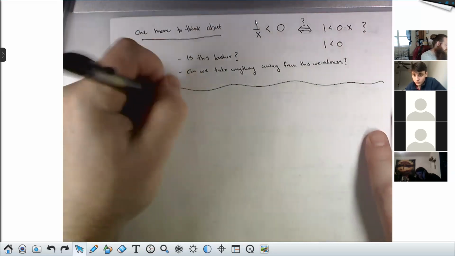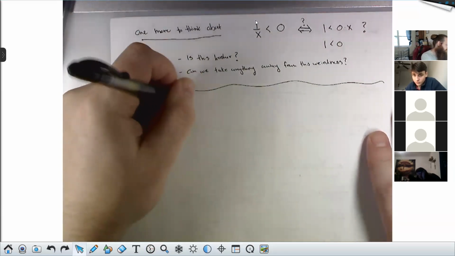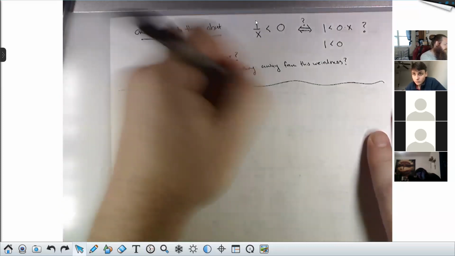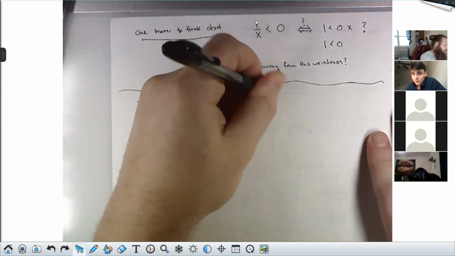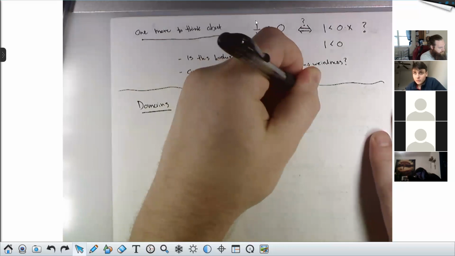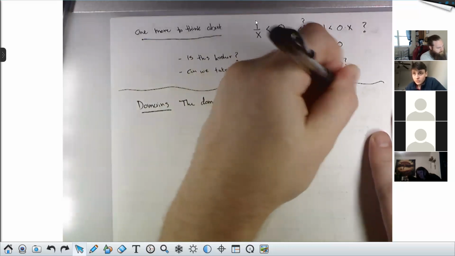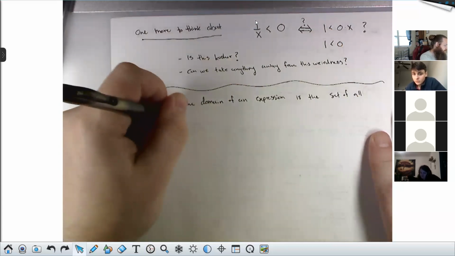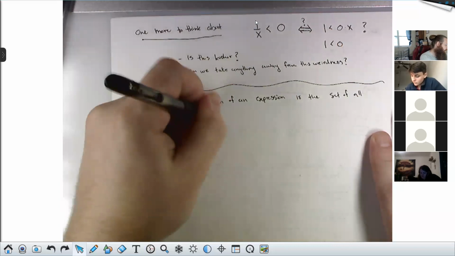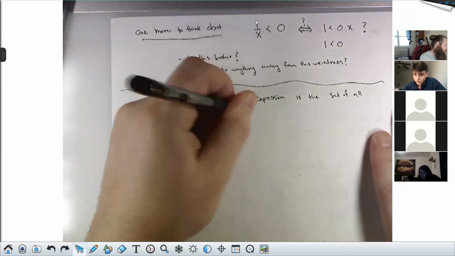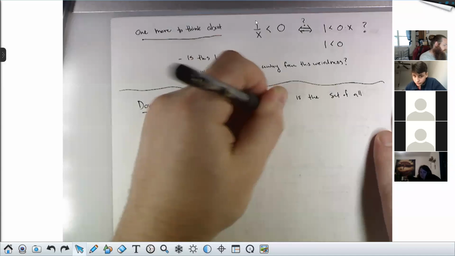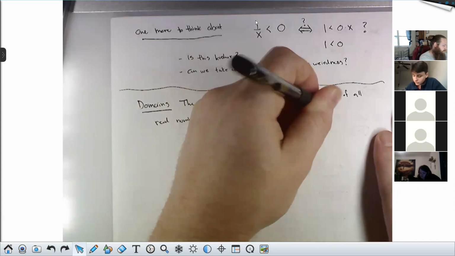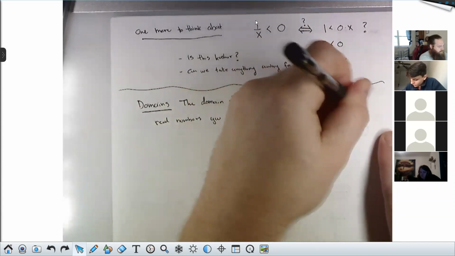So in plain words, the domain of an expression is the set of all real numbers you can plug in to that expression without causing trouble.